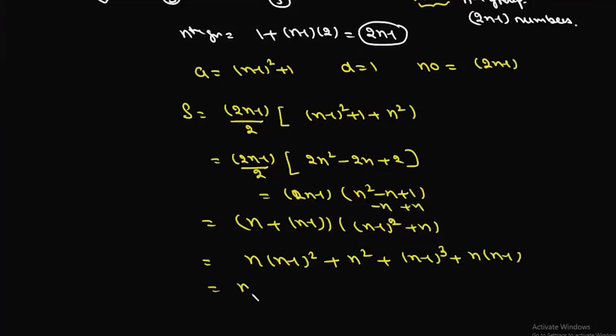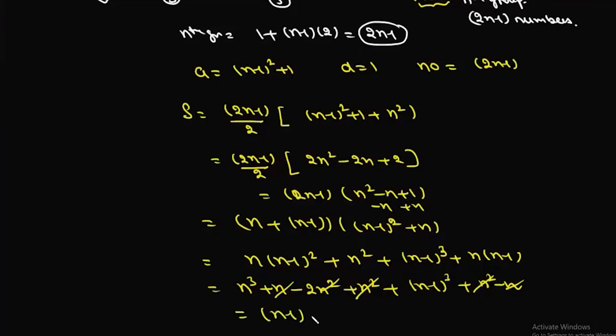So it will be n cube plus n minus 2n square plus n square plus n minus 1 cube plus n square minus n. Now this n square and 2n square will cancel, n and n will also cancel. So it will be n minus 1 cube plus n cube, and that is what we need to prove in this question.